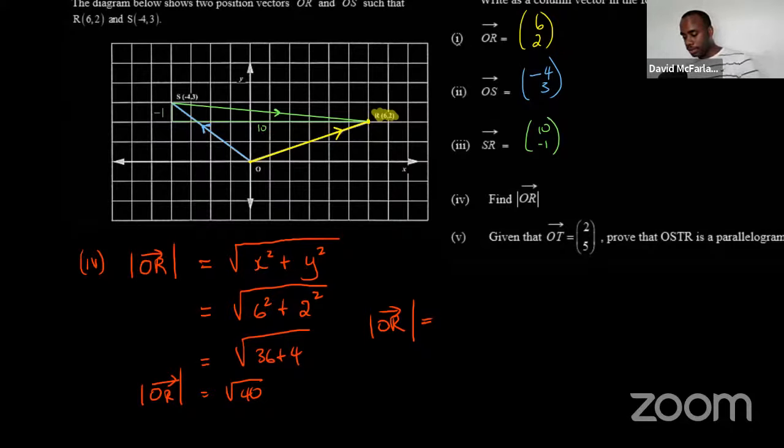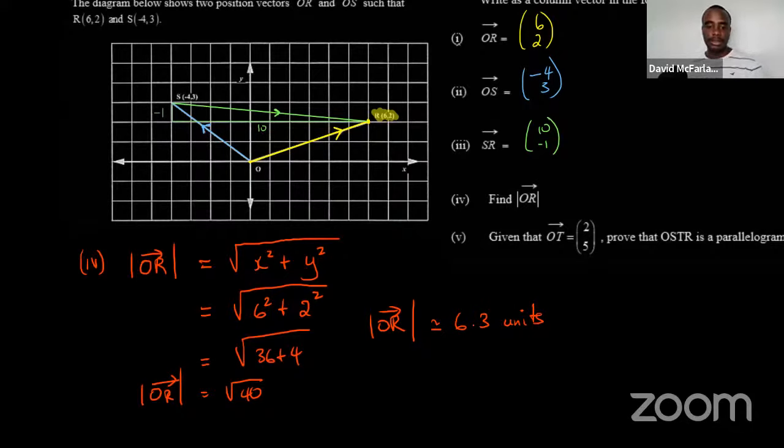Simone says 6.3. Let me check with you. Yeah, that's what I got too. And it didn't tell us how much to round it to here, so I'm going to leave it at 6.3 units. I'm just going to say approximately because we approximated. So that's approximately 6.3 units.